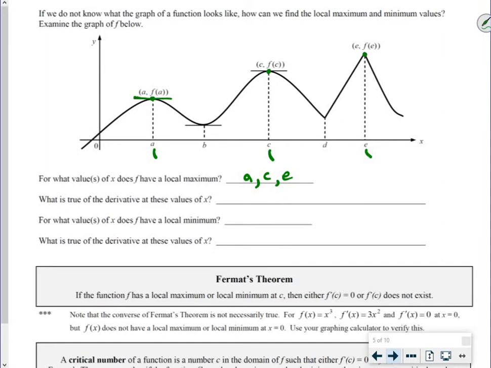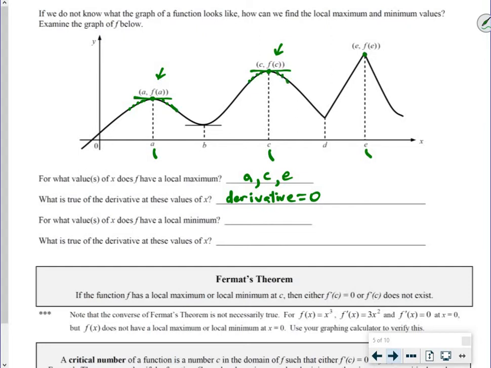So the slope at that precise spot is either 0, as it is in this case, because we're going from a positive slope to a negative slope in each of these cases.